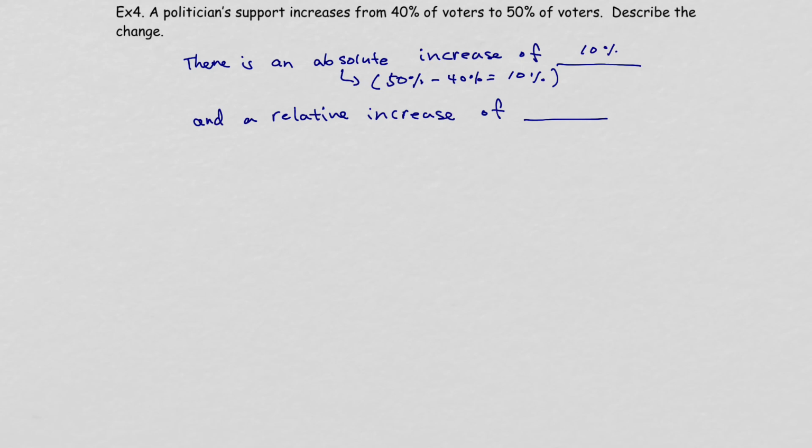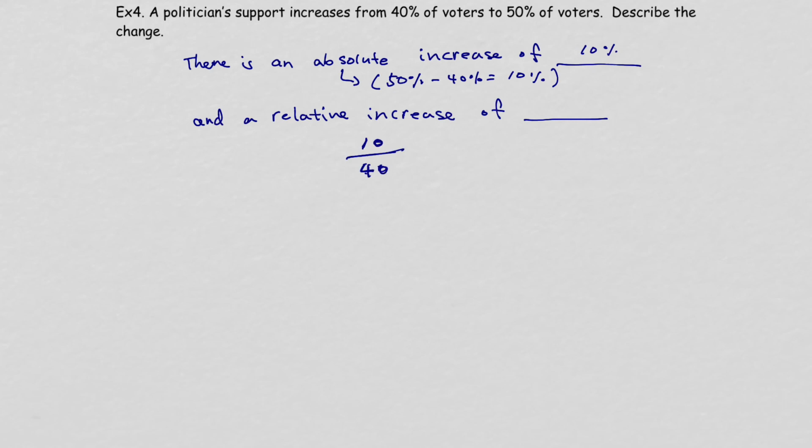But we can also find the relative increase. How do we find the relative increase? Well, you're going to base the increase on what you started with. The difference between 40 and 50 is 10, and that's the increase you have from starting at 40%.